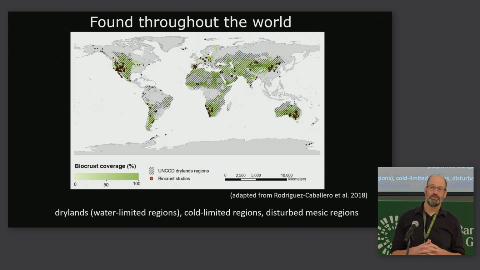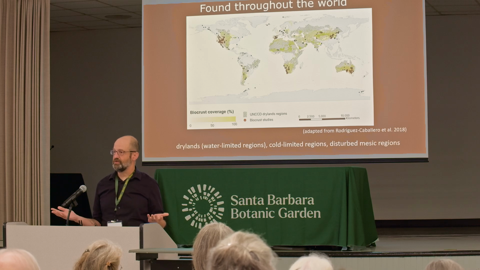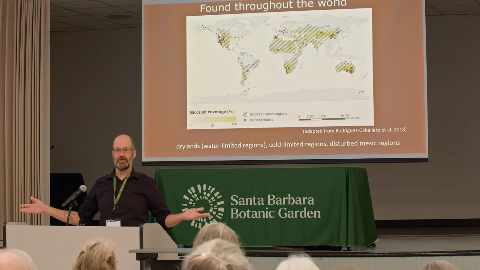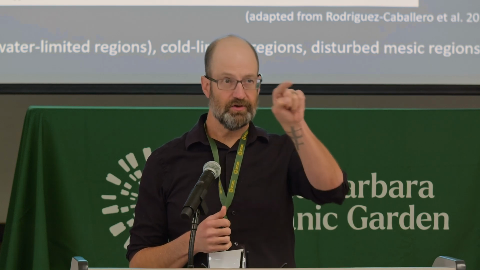But you can also go to cold-limited regions, high latitudes, high altitudes, find biocrusts there. And you can also find them in disturbed mesic regions, wetter environments that normally would have plants, but because of a disturbance, there's an open niche for biocrusts. As a matter of fact, you can walk out those double doors, and there's some open ground out there with biocrusts.